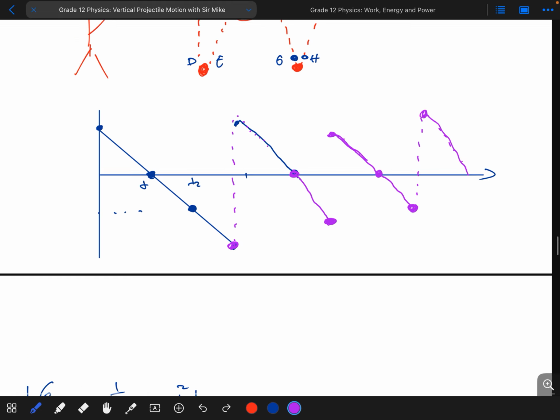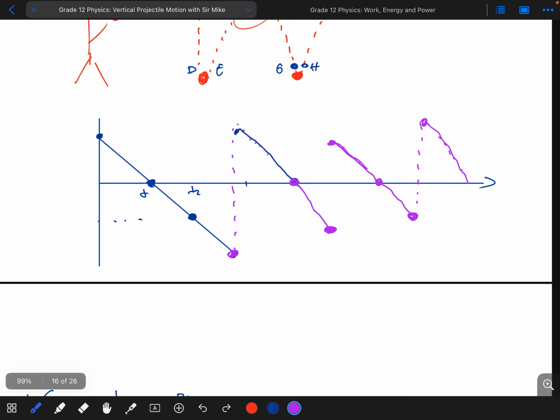Remember that we said that in vertical projectile motion, there's only one force acting on the object. So when there is another force, we are no longer in free fall. We mentioned that in the first video.